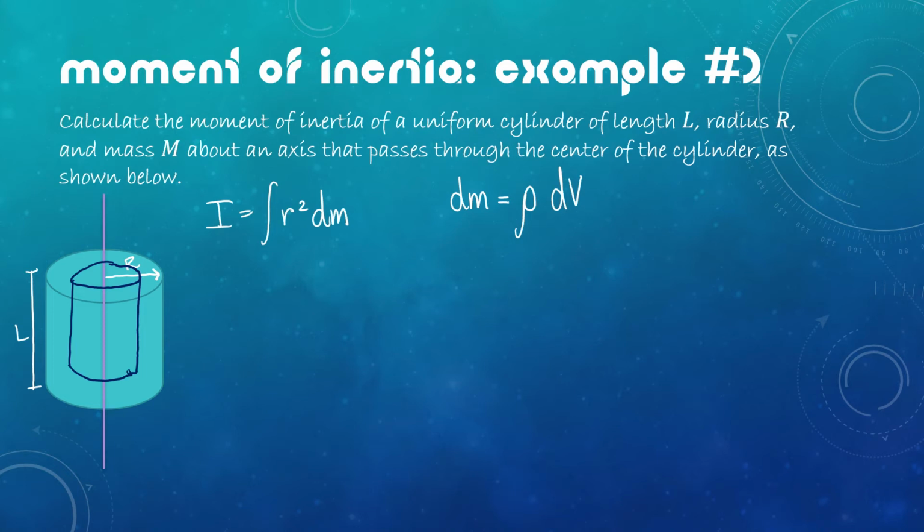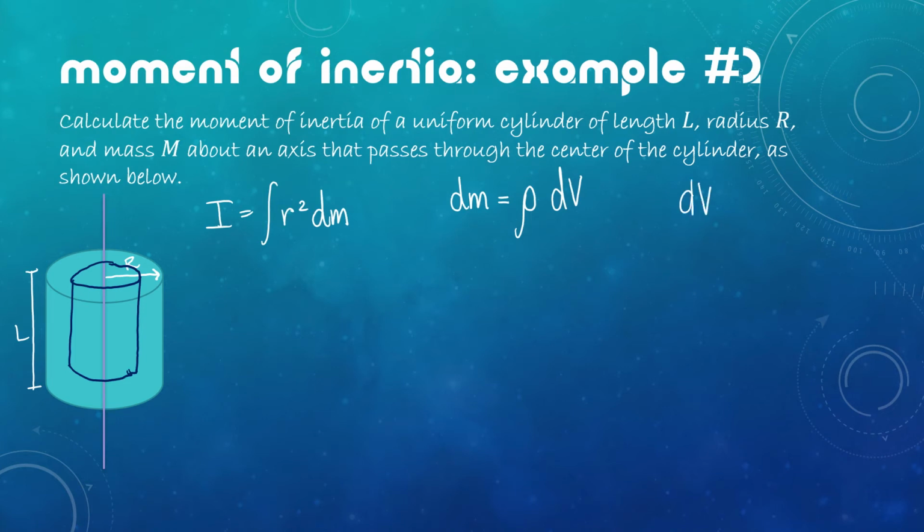My cylinder with a little bit of mass is going to have a thickness of dr. It's going to have a circumference kind of around the top of 2 pi times little r. And it's going to have a length of L, just like the original cylinder.